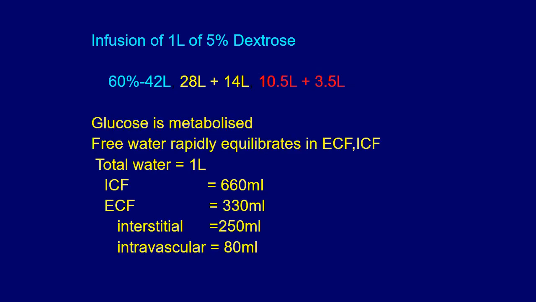Now, let's say what's going to happen if you infuse 1 liter of 5% dextrose into a patient. So, let's say you have inserted an intravenous cannula, you have a drip set, and now you are infusing 1 liter of 5% dextrose. And to remind you how much water we have in our body, 60% of our body weight is water, and 60% of 70 kilograms is 42 kilograms.